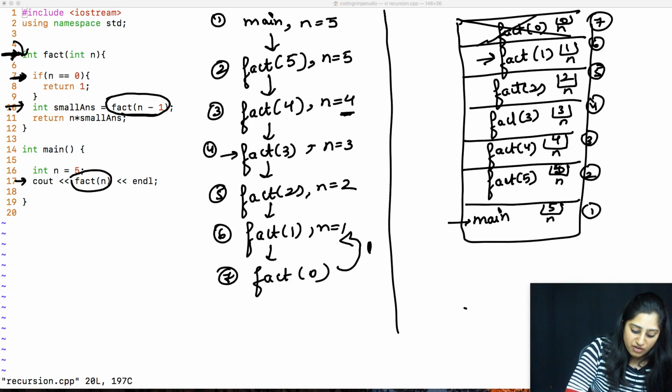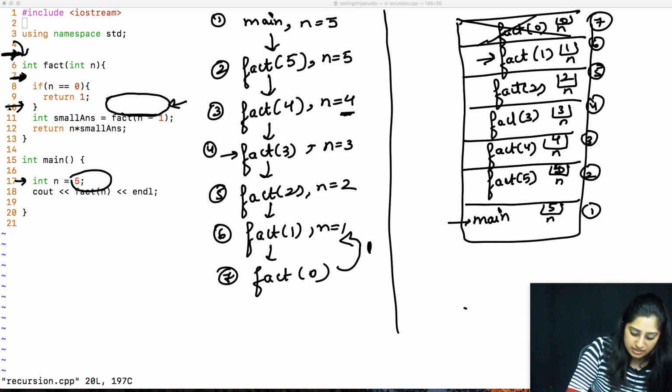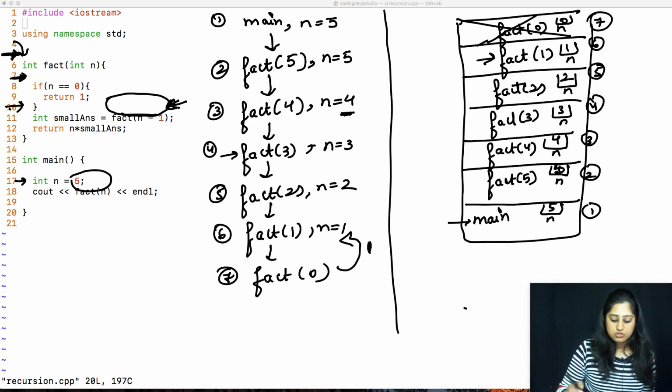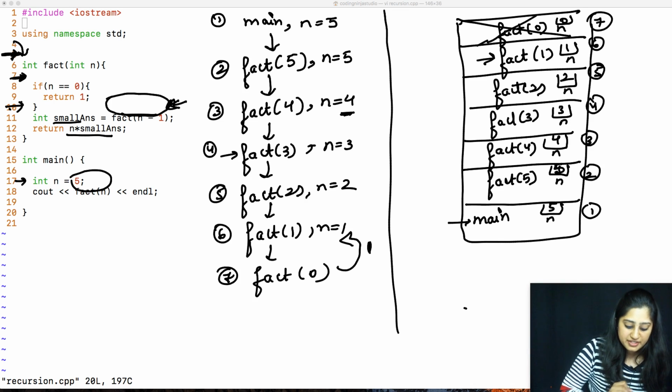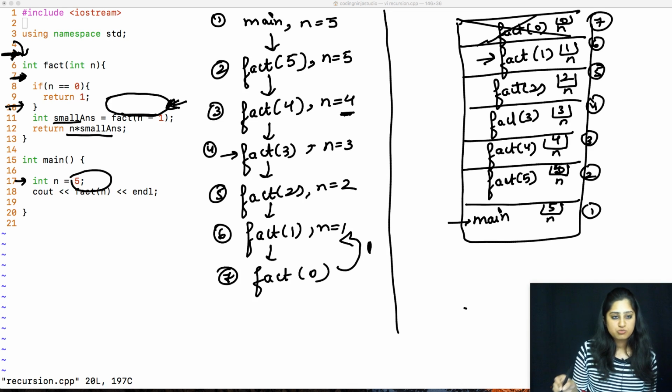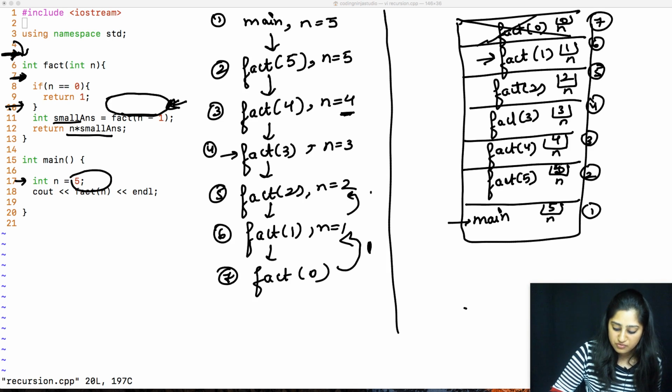Now, factorial 1 was waiting at this line for the answer. I have just inserted a space. So factorial 1 was waiting for the answer at line number 11. So small answer for factorial 1 would be 1. So it will calculate its factorial now, n into small answer, 1 into 1, it will return 1.